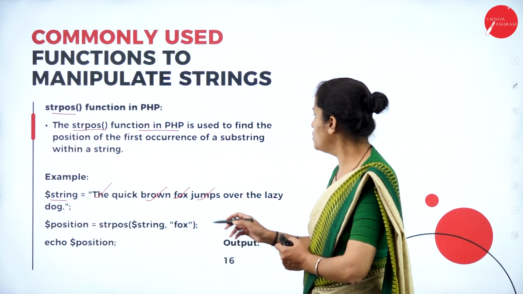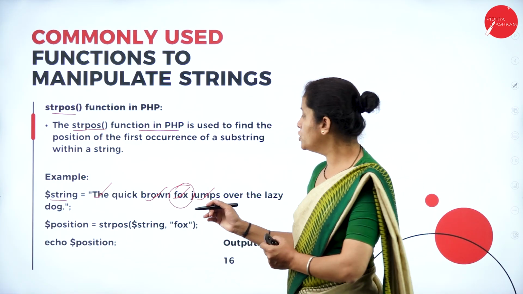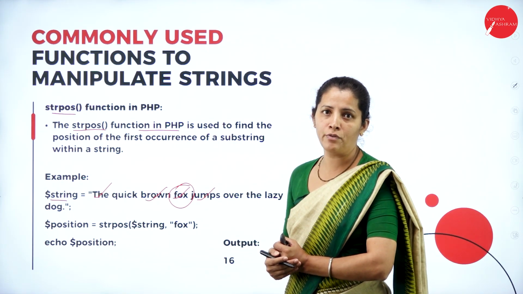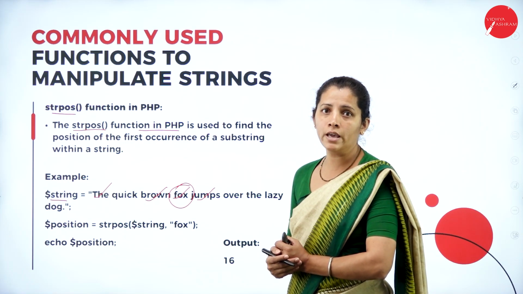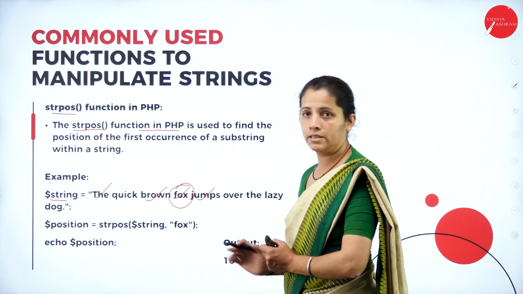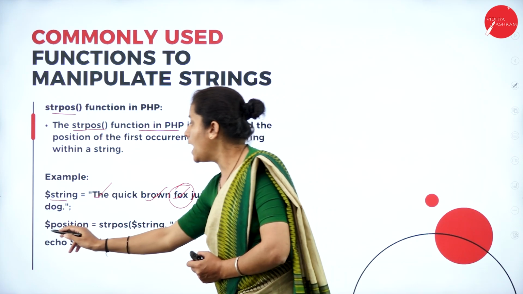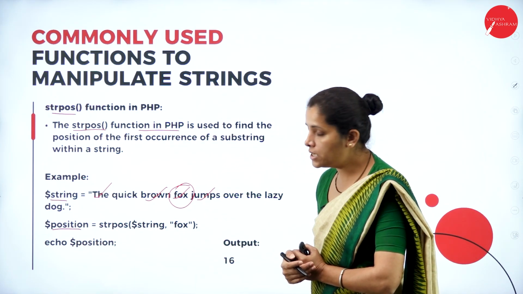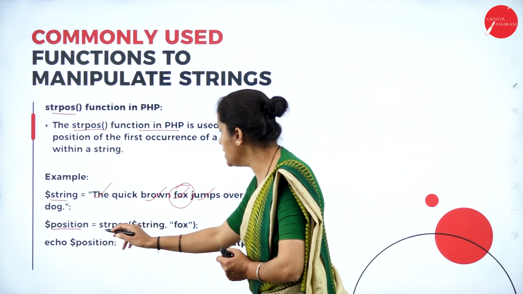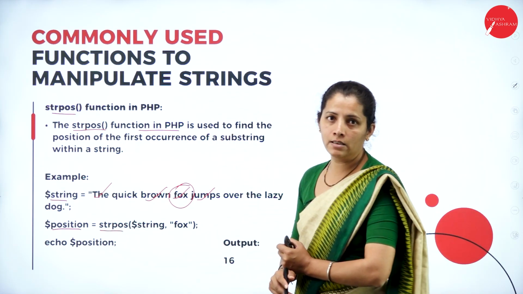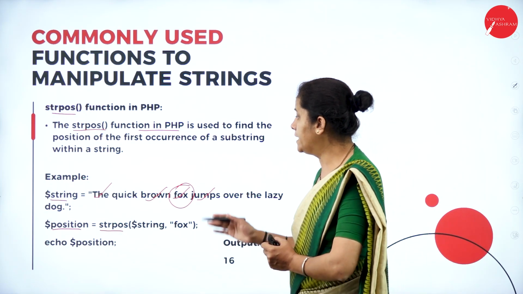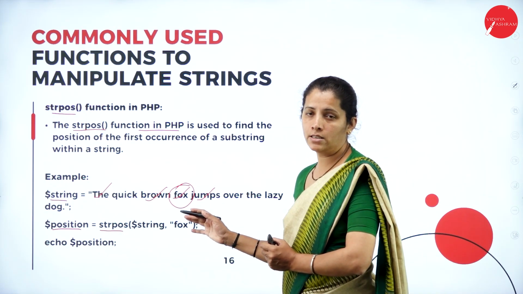I want to find the position of the fox, where it has appeared for the first time. Now I am considering the variable called position, and I'm calling the method. What is my method name here? String position, and it takes two parameters.